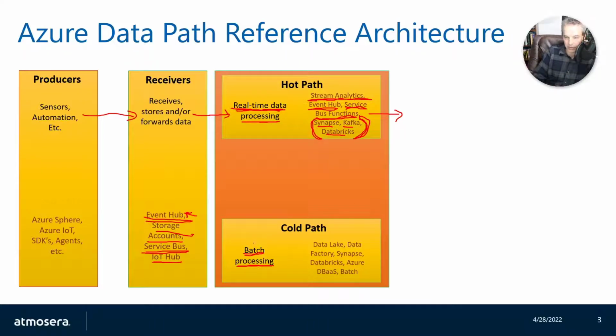So this one is going to batch up a bunch of messages, a bunch of data, and it's going to process this typically on a cluster, and it's going to take a long time to do it. This one only takes milliseconds to do it. This one's probably going to take some significant amount of compute and time resources to process typically thousands or millions of data points that are coming into one of these receivers over here.